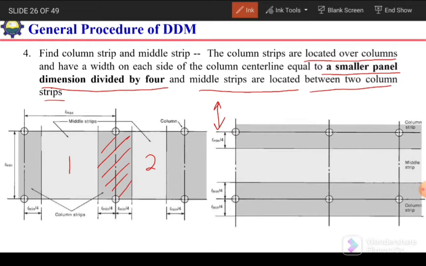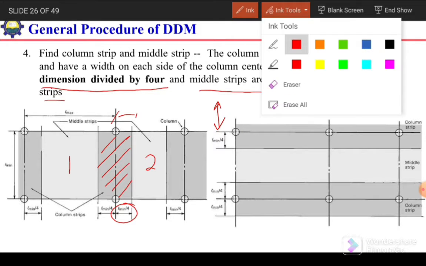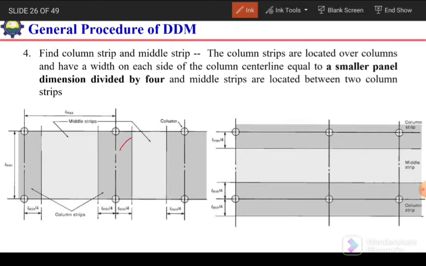So along the column center line, over the columns, the dimension of this column strip will be equal to the smaller dimension of the panel divided by 4. This is a half column strip and this one is the other half column strip.